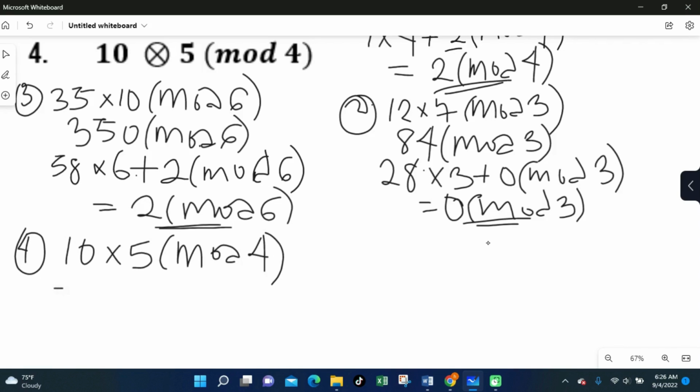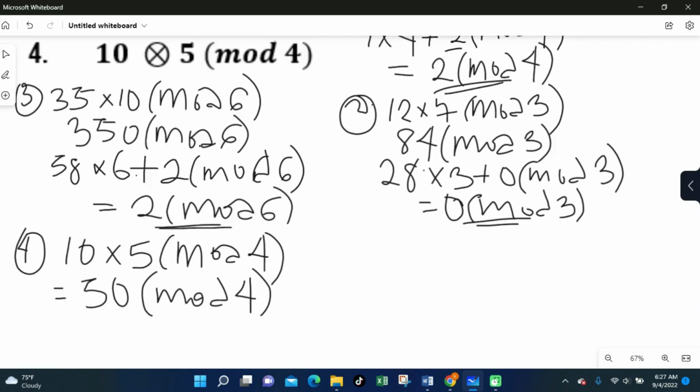So this will give us 50 in mod 4. So many will want to do 10 times 5 with no remainder. It is fine. So if we have 10 times 5 plus 0, your solution will be 0 mod 5. And some will also want to do it in such a way that there will be a remainder. Definitely, that will also be fine.